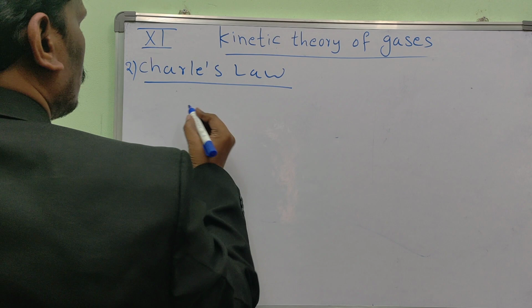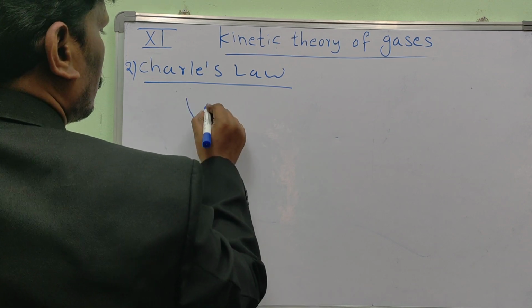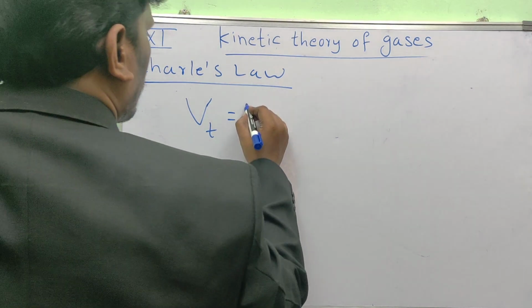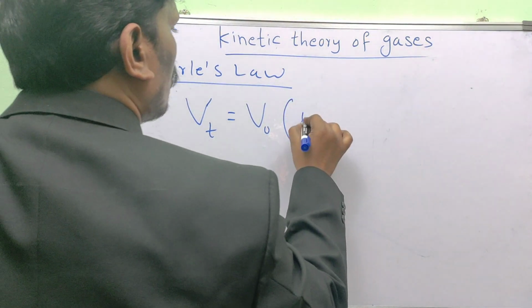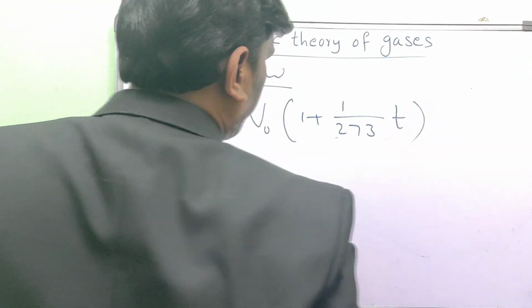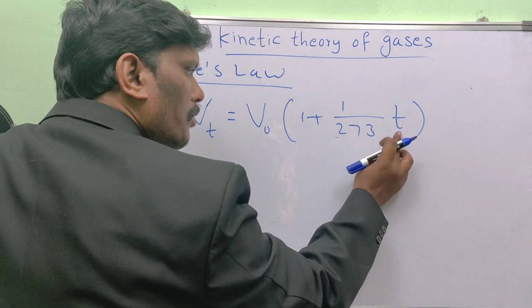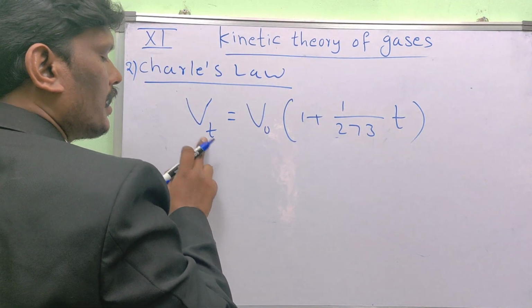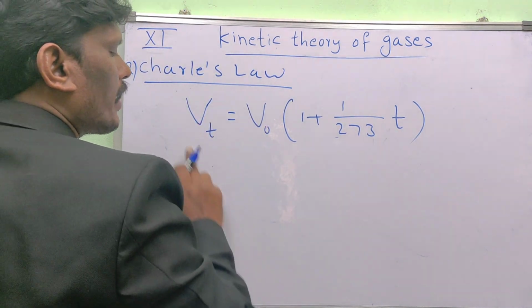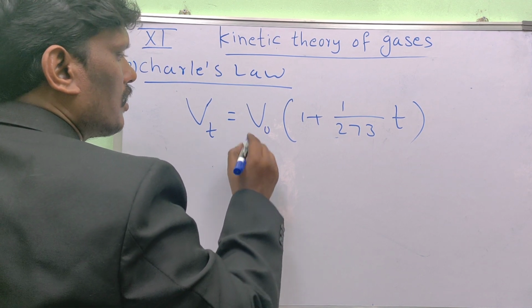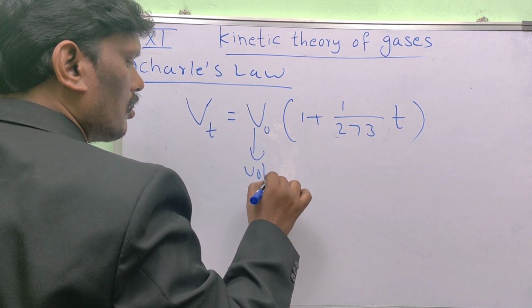In Charles' law, to calculate volume at any temperature, we use the formula Vt equals V naught into 1 plus 1 by 273 times T. That means at a given temperature T, the volume is Vt. How to calculate? By using V naught. What is V naught? The volume of the gas at 0 degrees Celsius.